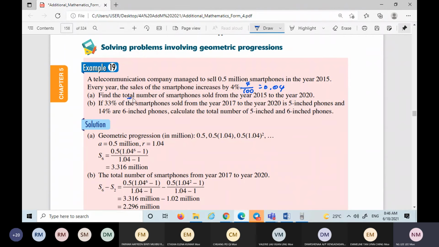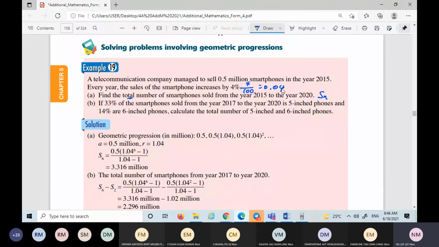Okay, total means 2015 add the number of smartphones sold every year until the year 2020, means you are finding the sum. But how many years? Usually I will just use finger to count because the number is not so big. So 2015, 16, 17, 18, 19, 20.